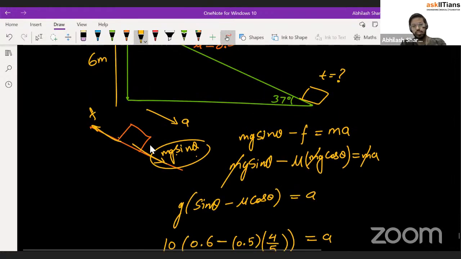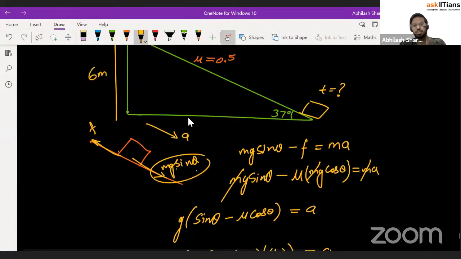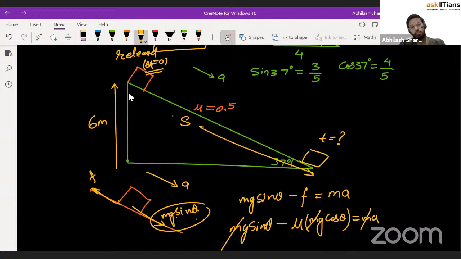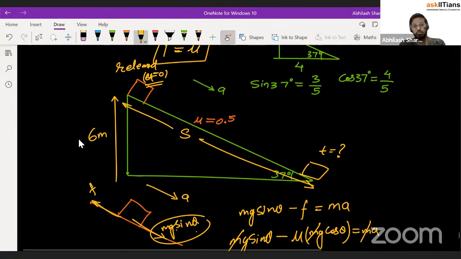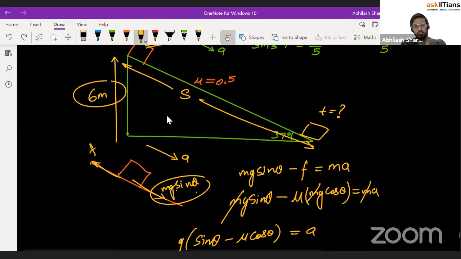Now, after we've got the acceleration, we know initial speed is 0. We need the displacement s, how much the block would travel. So you can see I have the perpendicular and I need the hypotenuse. So sine 37 I must apply. Yes, Cavalier, you got it correct.